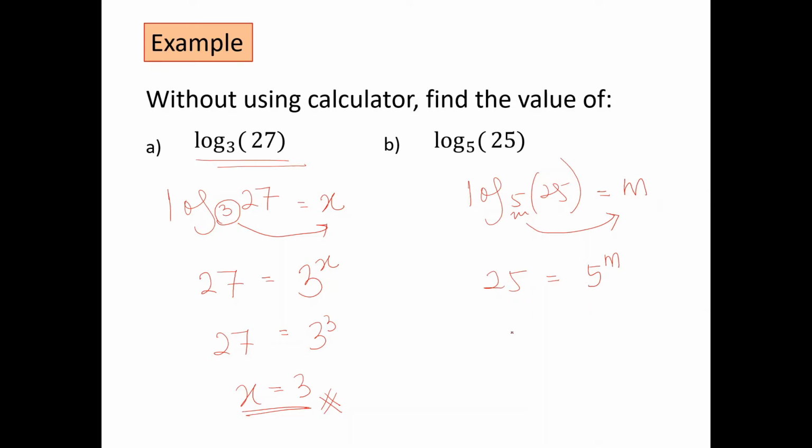We know that 25 is equal to 5 to the power of 2, which is equivalent to 5 to the power of m. By comparing, clearly m equal to 2. So log 25 base 5 is equal to 2. That is how we use the concept of log and index to solve the problem.